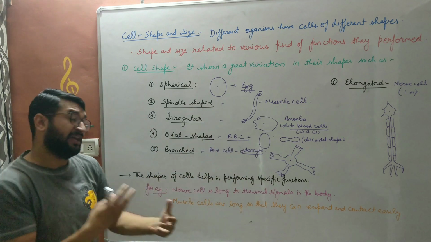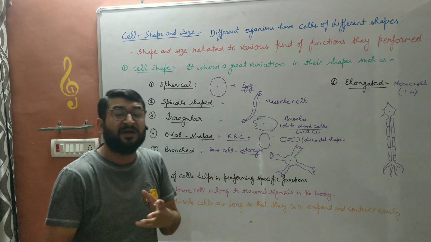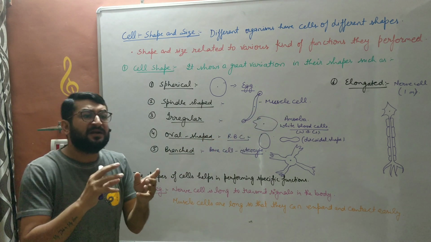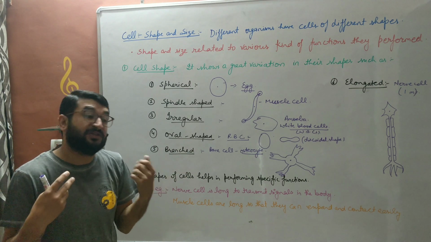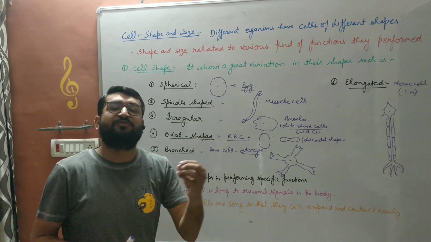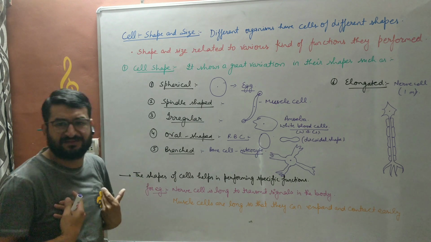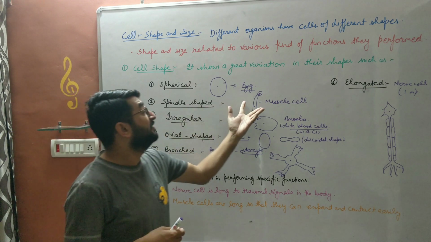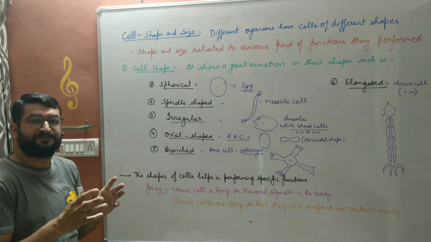So the contraction and relaxation of the spindle-shaped muscle fiber helps in the contraction and relaxation of muscles. This leads to movement of joints. Obviously, for the movement of joints, for the movement of our body, we require muscles. So that spindle shape helps the muscles to contract and relax.